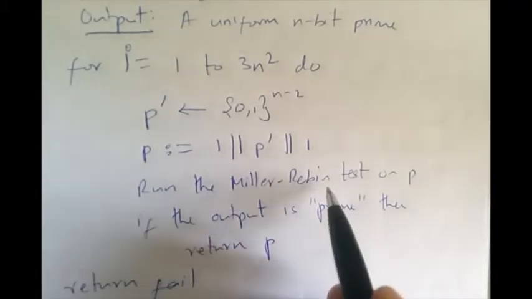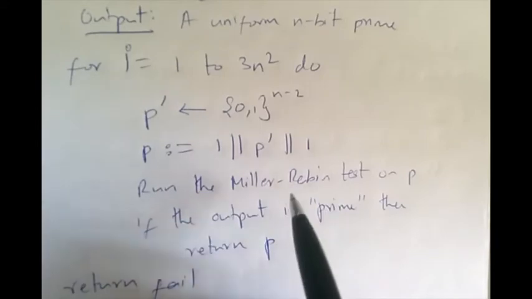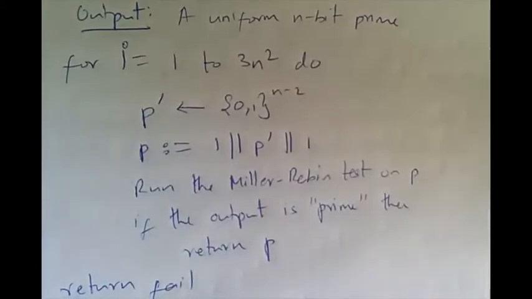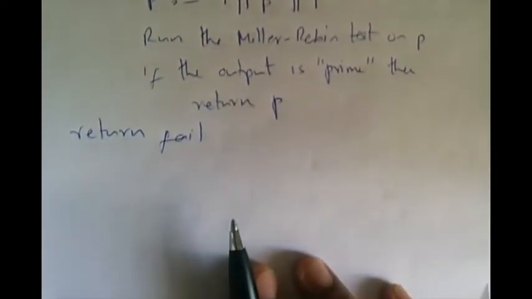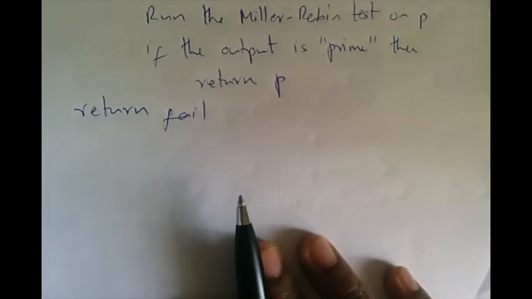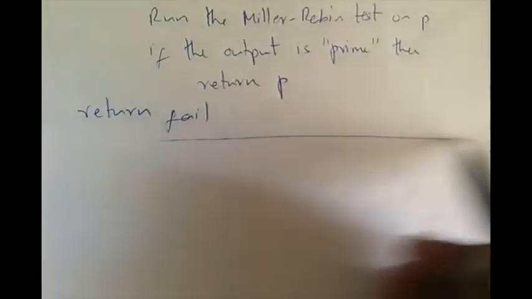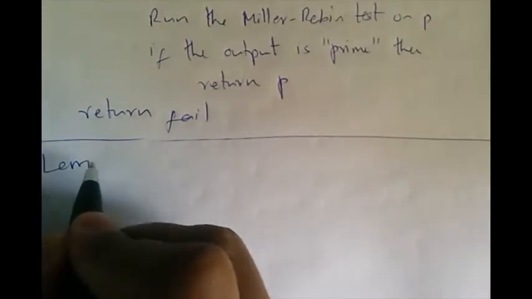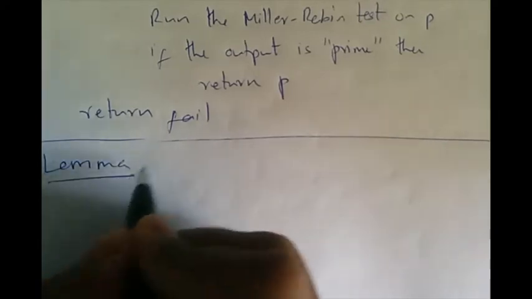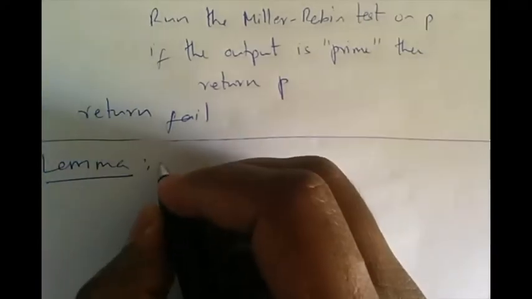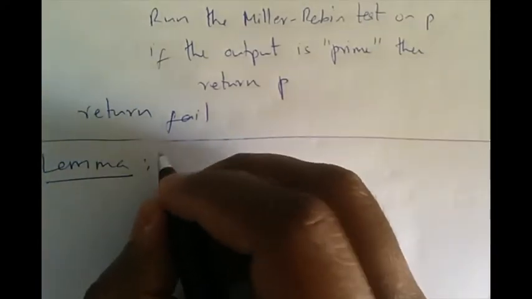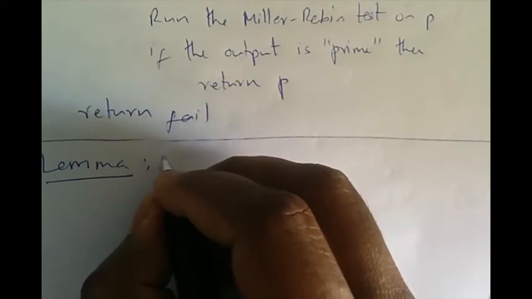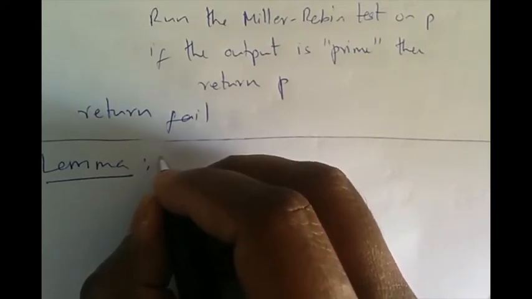So the Miller-Rabin test is a black box as of now, and now we will look at how the Miller-Rabin test itself works. Before we look at the Miller-Rabin test, or to motivate it, let's look at a lemma which talks about the square roots of 1.